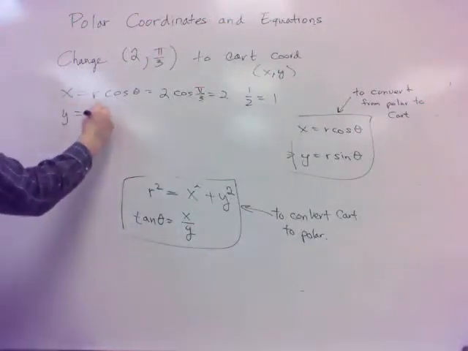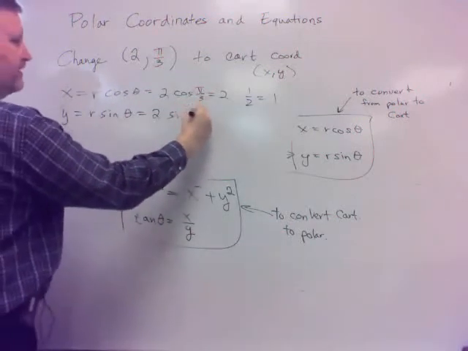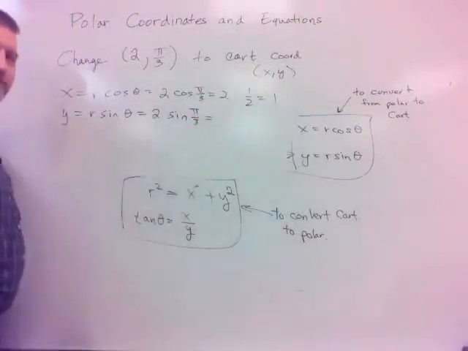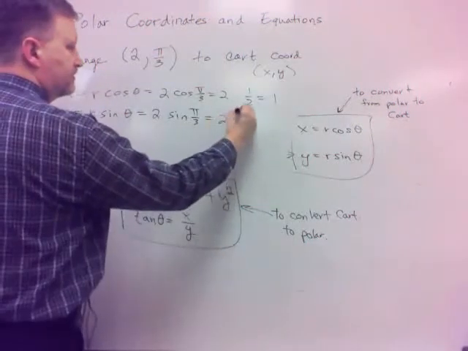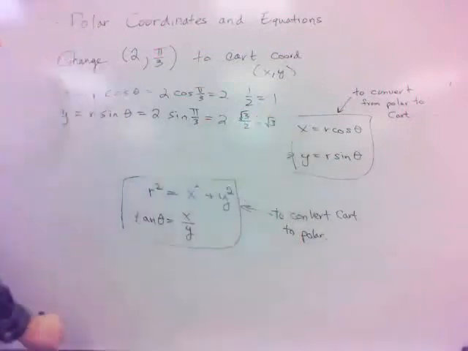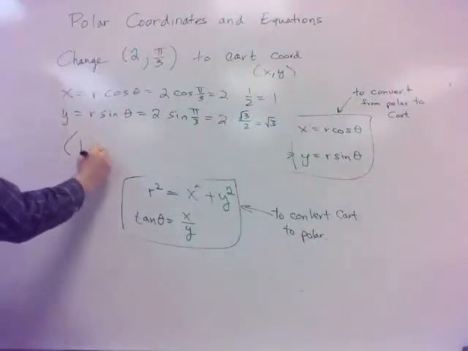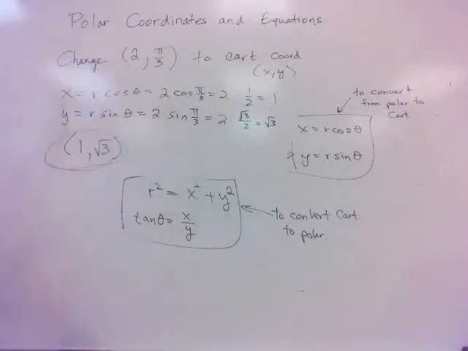The y is r sine theta. So that's 2 sine of pi over 3, right? What's the sine of pi over 3? Square root of 3 over 2? So that would be just square root of 3. So the Cartesian coordinates would be 1 comma square root of 3. So it's not that terribly difficult. Okay.